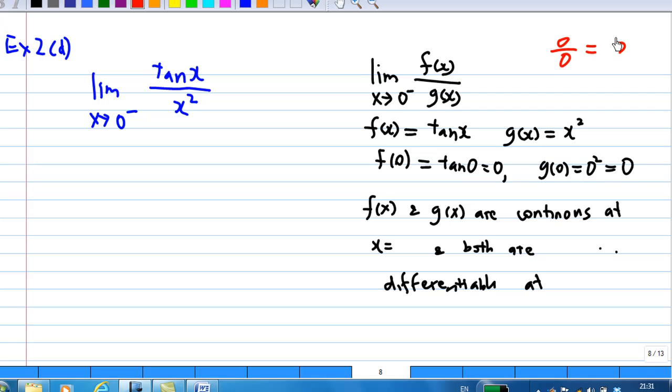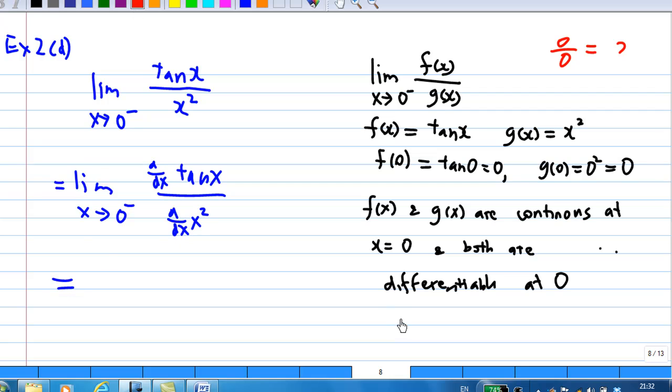But f and g are continuous at the point x equals 0, and both are differentiable at the point x equals 0. So using L'Hopital's rule, this is the limit as x goes to 0 minus of the differentiation of tangent x over the differentiation of x squared.